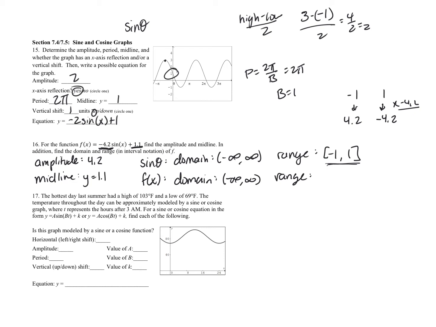And then our last step, we want to apply that midline, so that vertical shift. So we're going to add 1.1. And so that's going to give us 5.3 and then -3.1. So finally, to put our answer together, the negative is going to be our lower bound. So we'll get -3.1 all the way to 5.3, and that'll be our new range for this function.